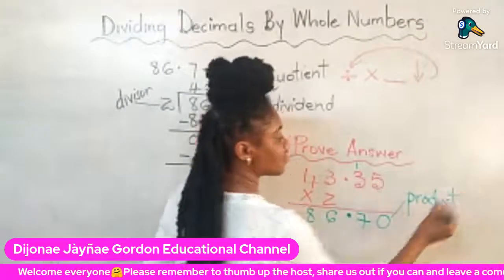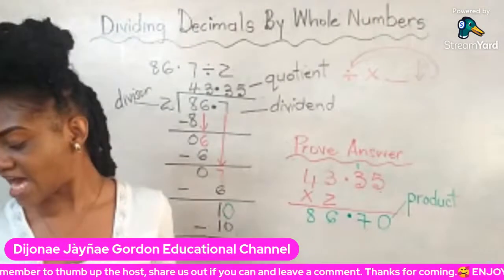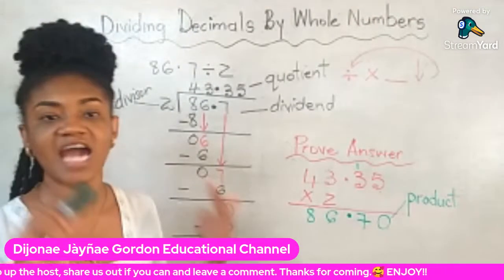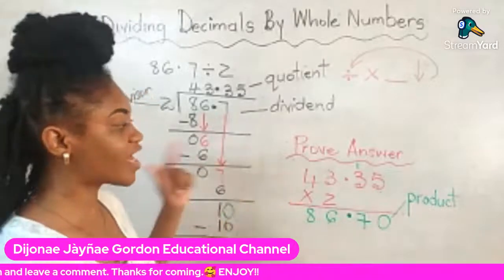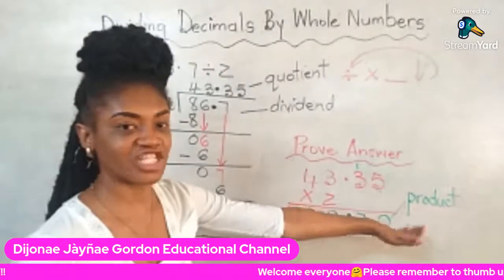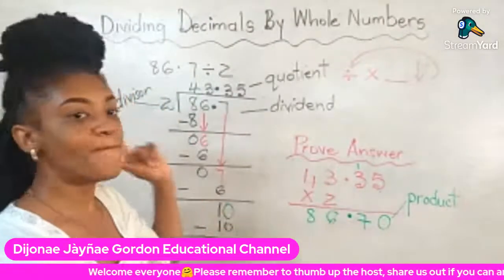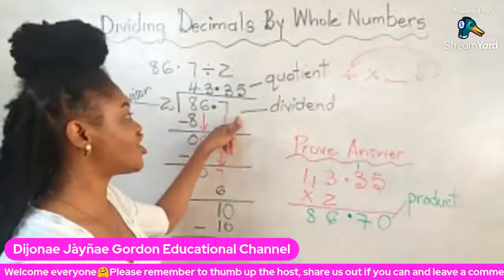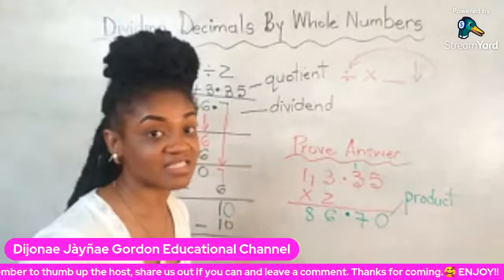Product. And of course, your product in multiplication is the same thing as your answer. So look carefully at what I'm showing you. Your product, when you do the multiplication to check if your answer is correct, your product must be the same thing as your dividend. And this is why we know our answer is correct.